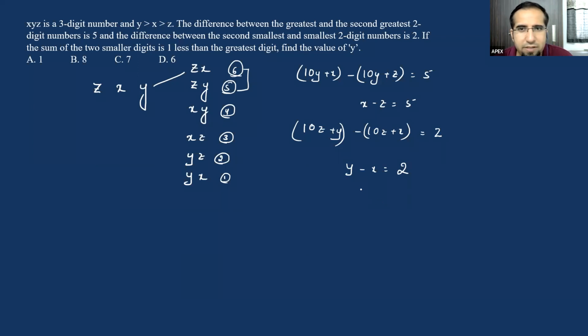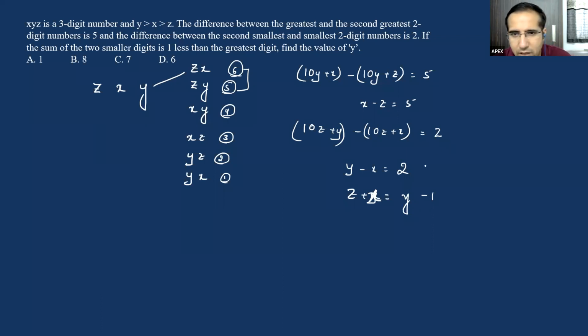Clear? And now the question says that the sum of the two smaller digits, that is z plus x, is equal to 1 less than the greatest digit.